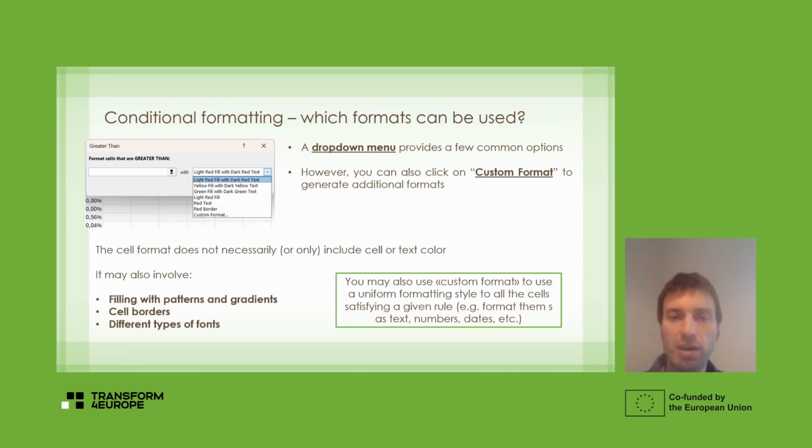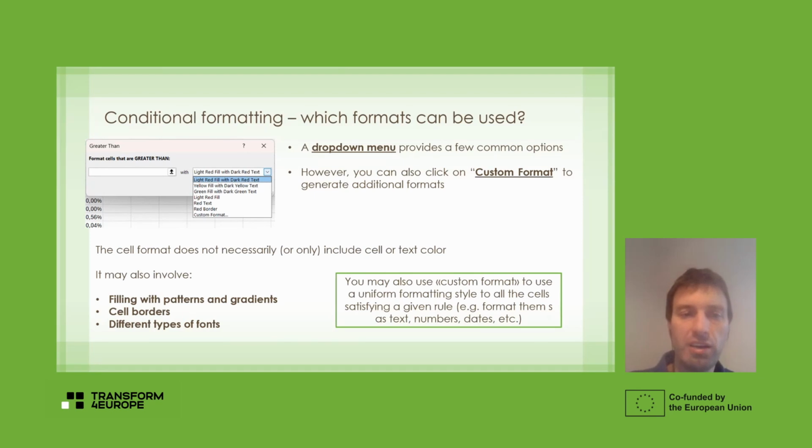Well, you have some preset options from the drop-down menu. So in this case, I've selected that I want to format all the cells that are greater than a given number. I will type in the number in that area, and then I can select these presets that are offered by Excel.